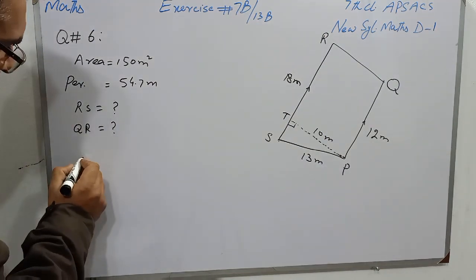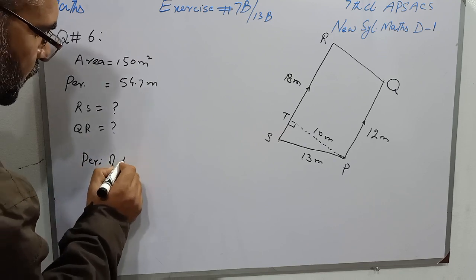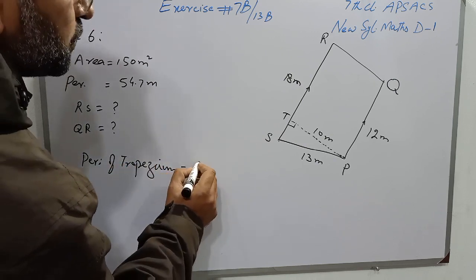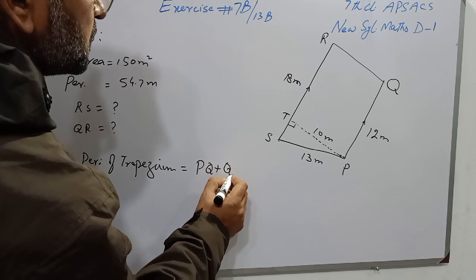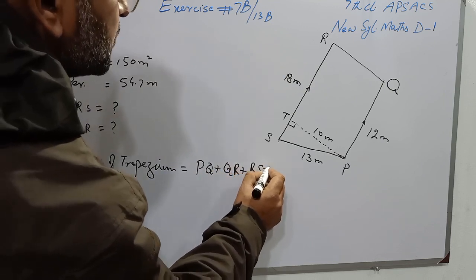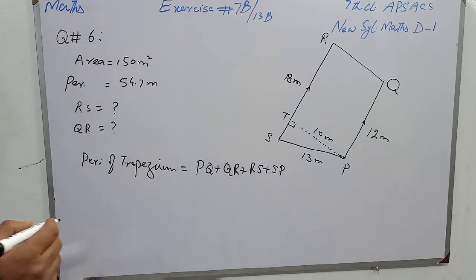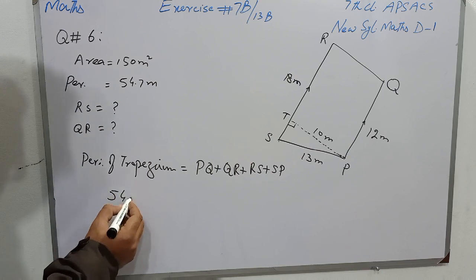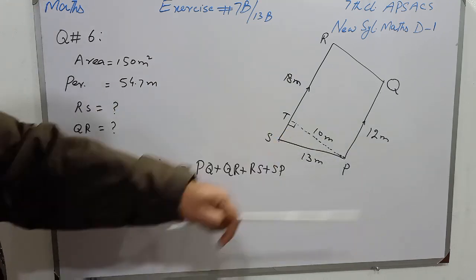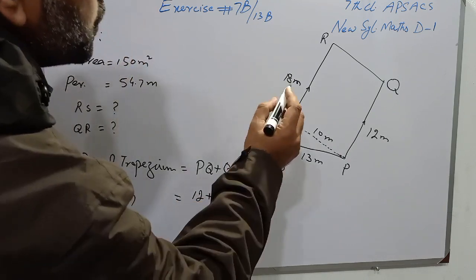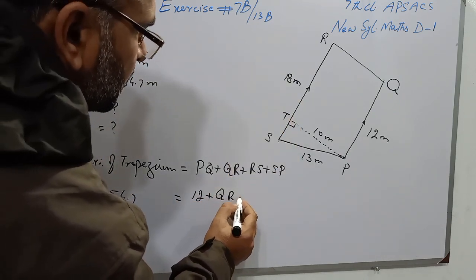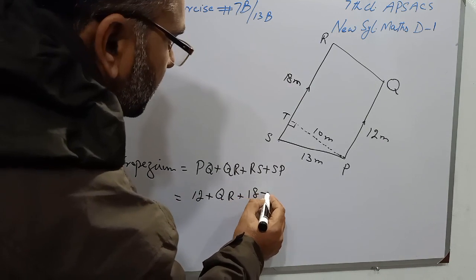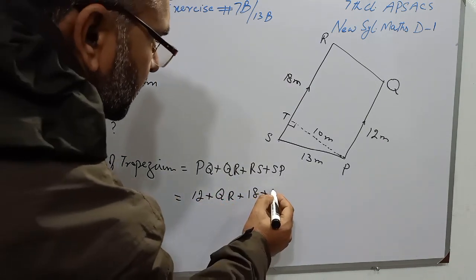Now students, I will write perimeter of trapezium is equal to PQ plus QR plus RS plus SP, and the perimeter of the trapezium is given, that is 54.7, and PQ is 12 centimeter plus QR, which we have to find, plus RS, the value of RS we found is 18, plus SP is 13.